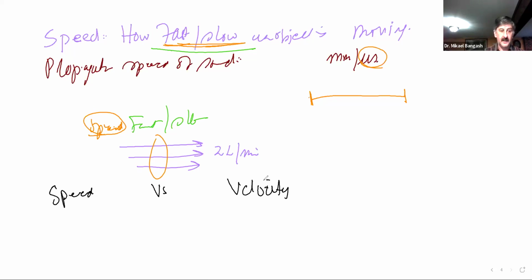Because both speed and velocity mainly talk about how fast or slow an object may be moving, or in our case, since we're talking blood, is flowing.